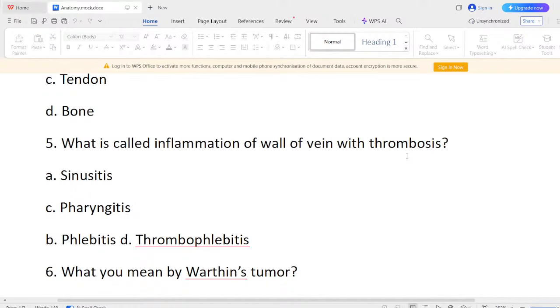What is the answer? Venu, thrombophlebitis. Yeah.